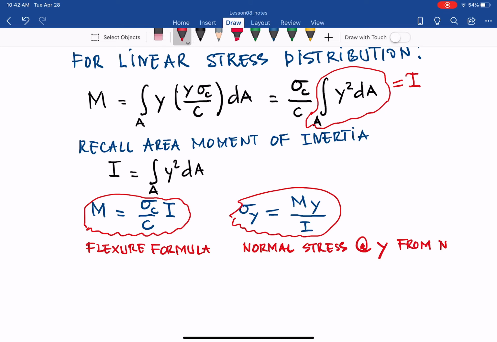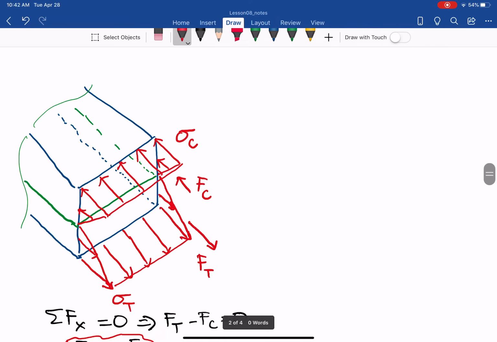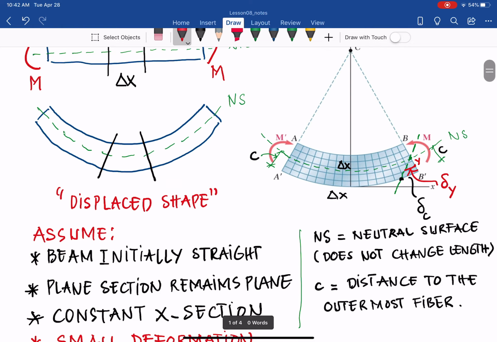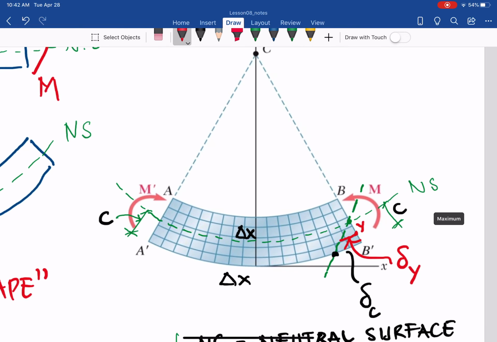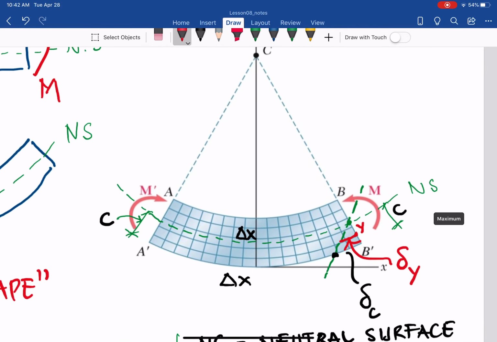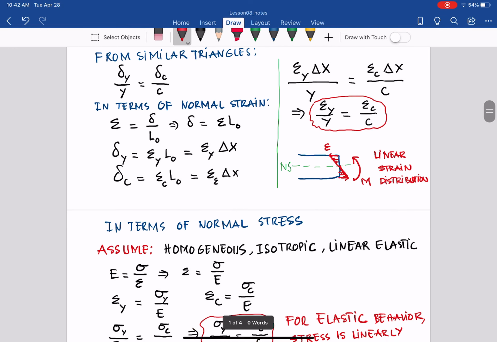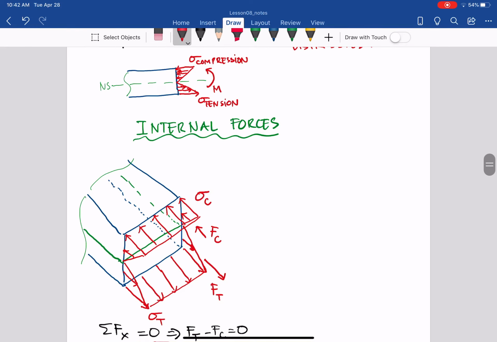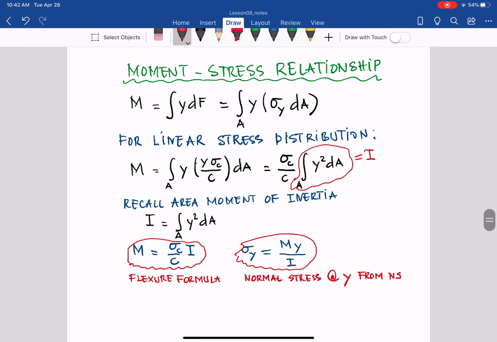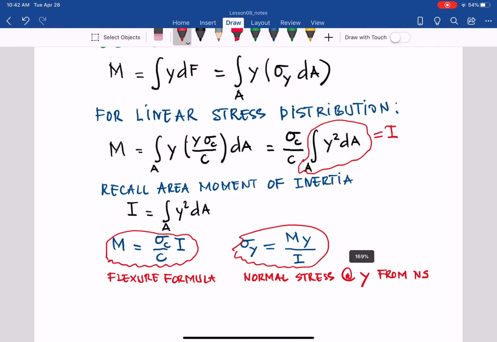Very important. By definition, y is from the neutral surface to the point of interest. So if y equals 0, what can I say? It means that at the neutral surface, sigma y equals 0.